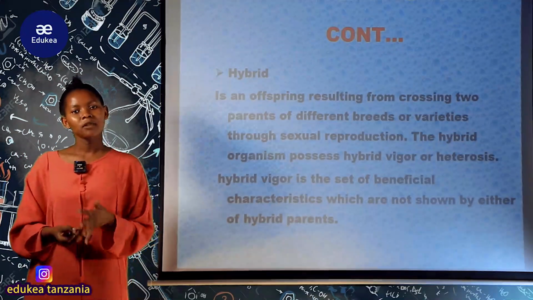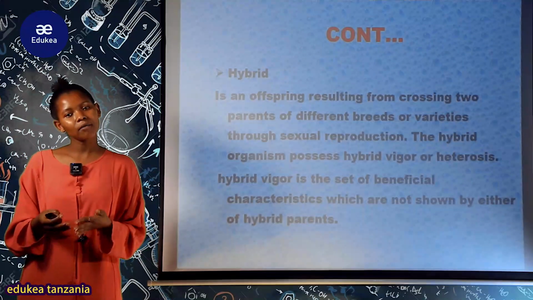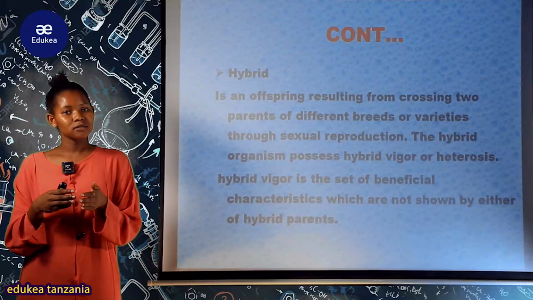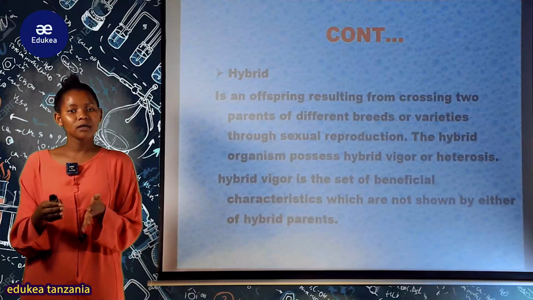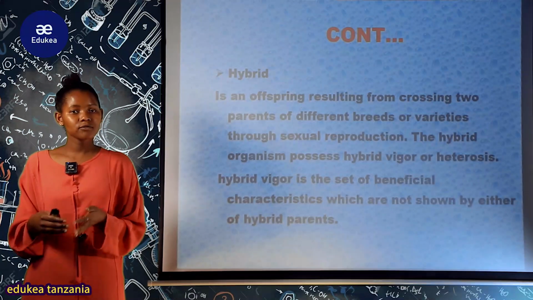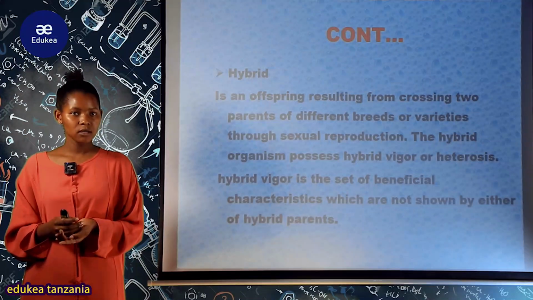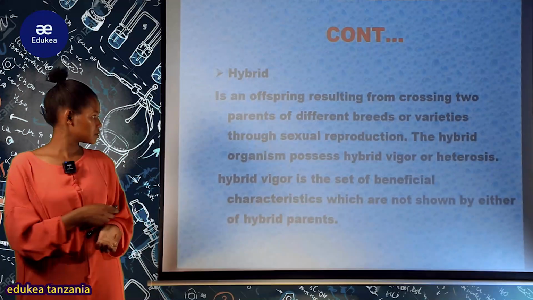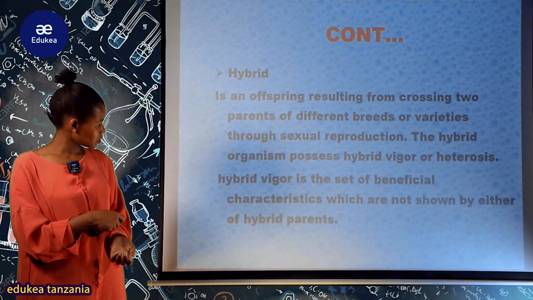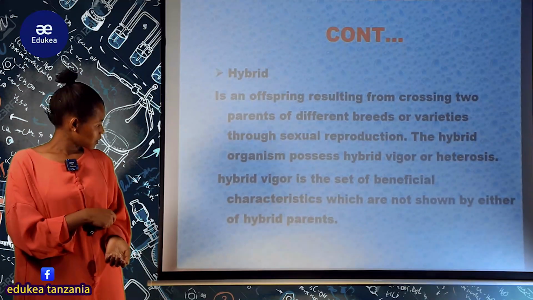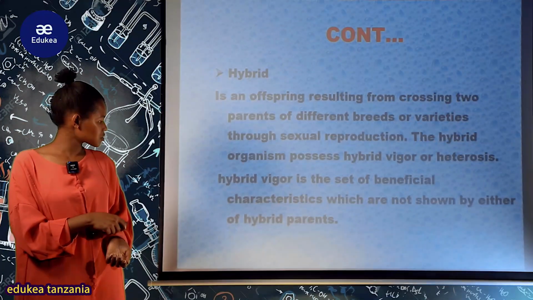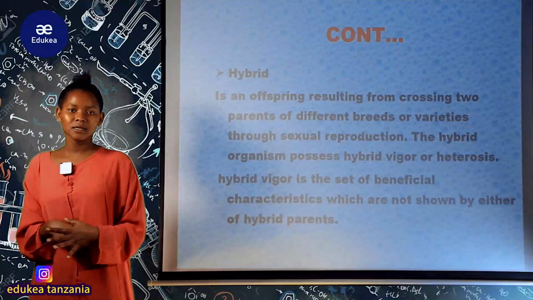Tunapozungumzia hybrid ni yule offspring anayeresult endapo wazazi wawili wenye variation au watofauti wakameti together wakatutengenezea kizazi. Wale watoto wanakuwa formed tunawaita ni hybrid, ambao wanakuwa associated with hybrid vigor or heterosis. And this tutaenda kuangalia their meaning, in which hybrid vigor is the set of beneficial characteristics which are not shown by either of the hybrid parents.